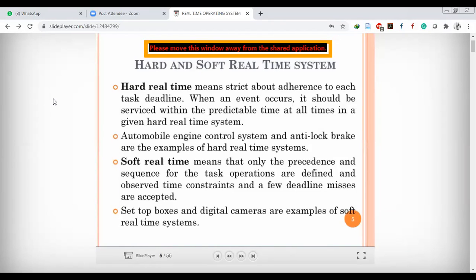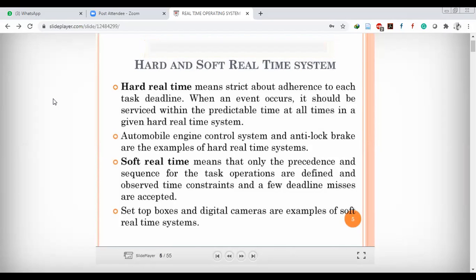The hard real-time system is strict about adherence to each task deadline. When an event occurs, it should be serviced within a predictable time at all times in a given hard real-time system. It is tightly or strictly time bounded.